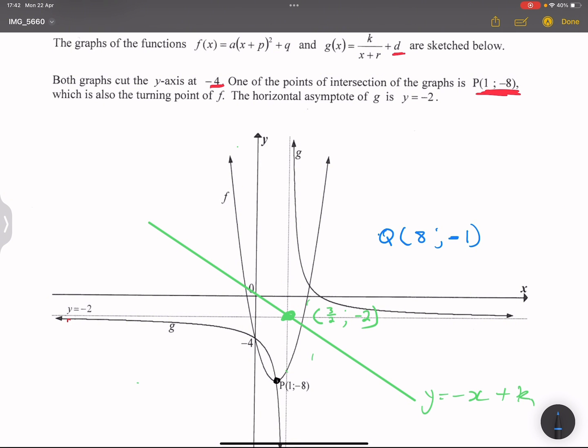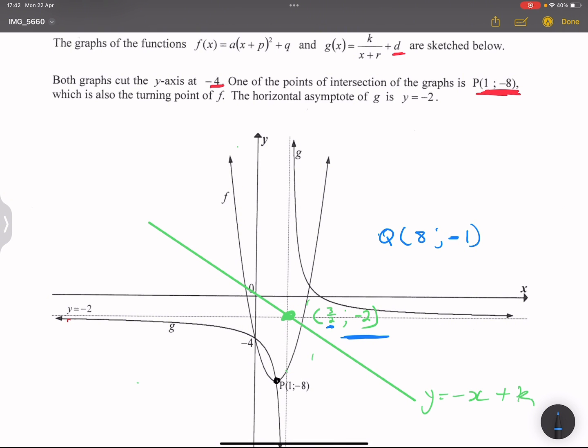However, remember that what I've done is it's not just a reflection around the line y is equal to minus x, but also in this case there is a shift in terms of that line. But what is the shift? The shift is by 3/2 units, right?